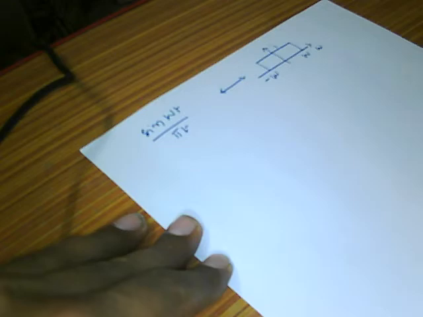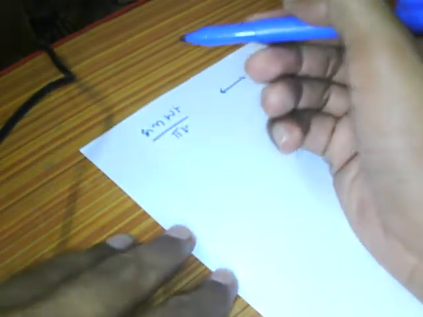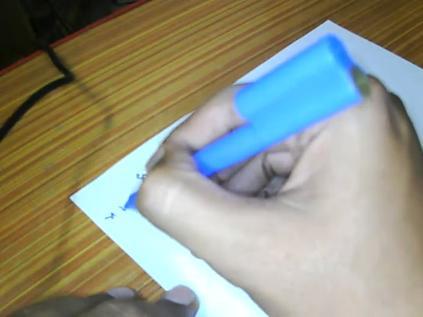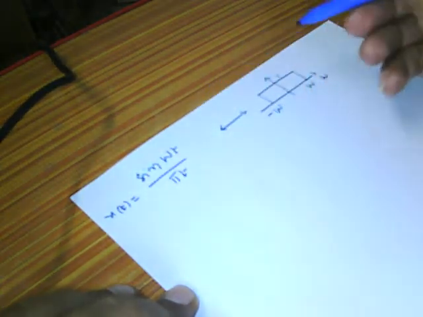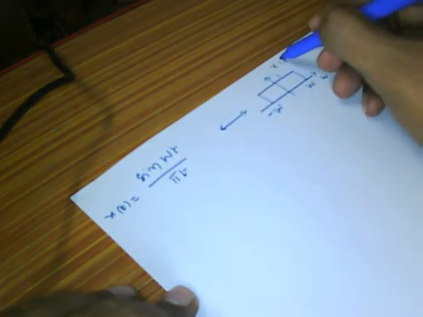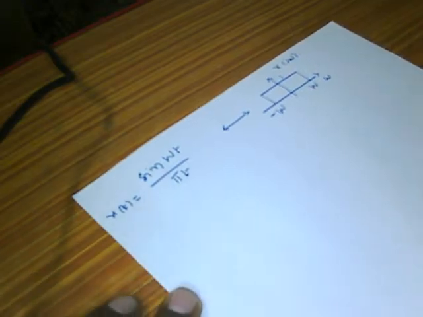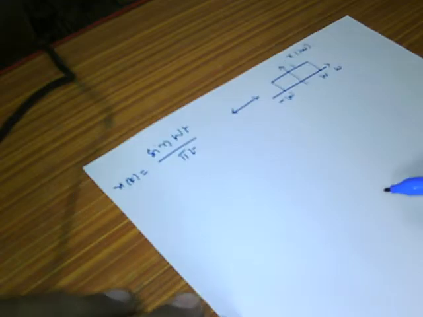So if you take this as x of t, this will be our x of j omega. So those are the few examples for Fourier transform and inverse Fourier transform.